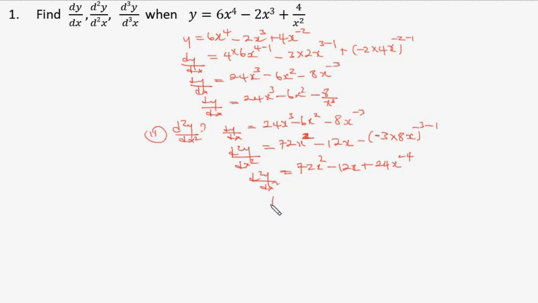So we write our final answer here: 72x squared minus 12x plus 24 over x raised to the power 4.